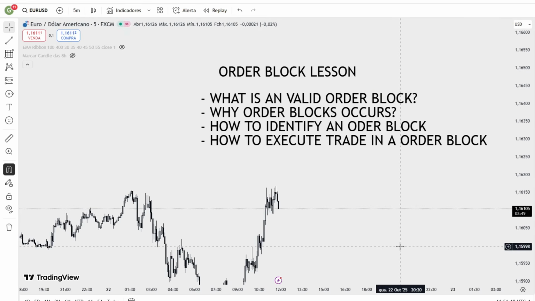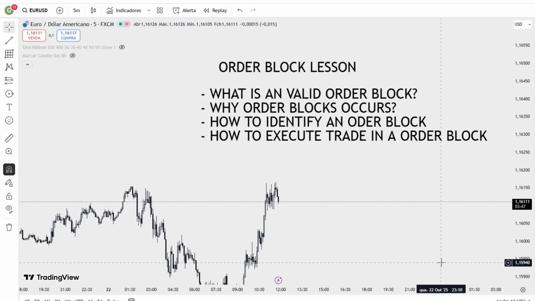So what is a valid order block? Well, the first thing we need to understand is that an order block only occurs in a manipulation move.